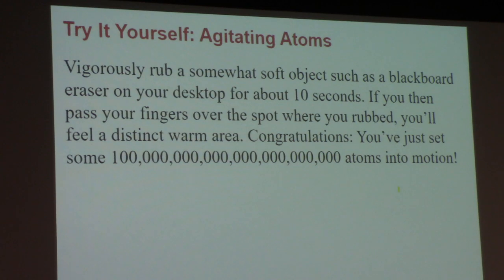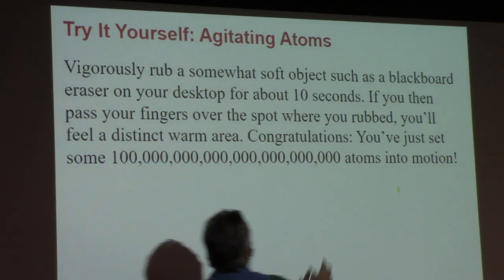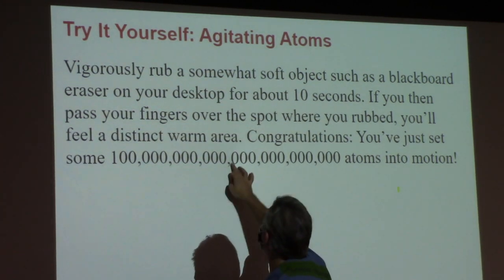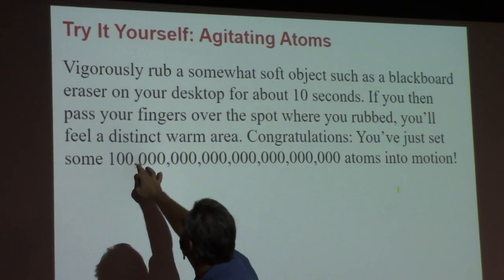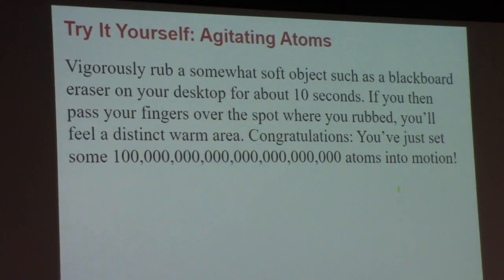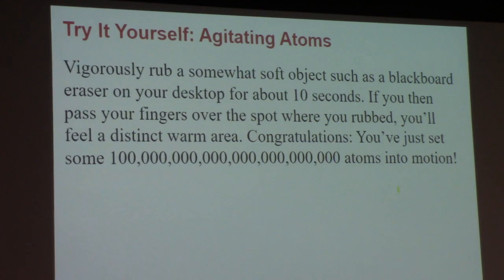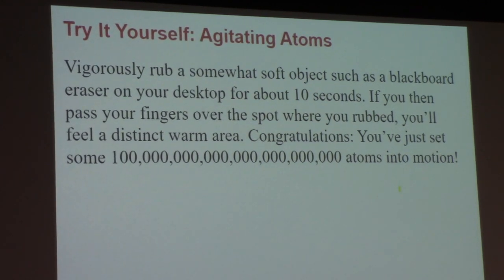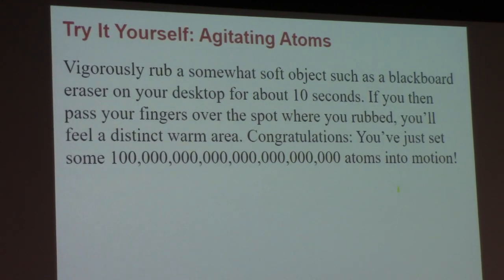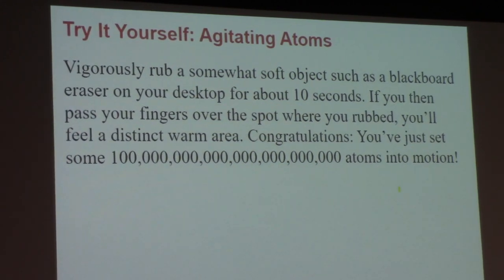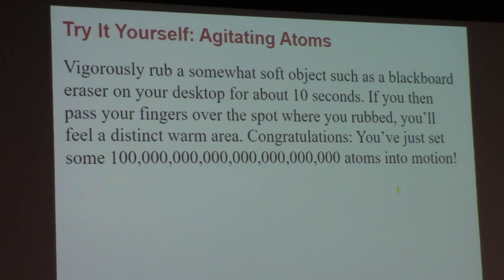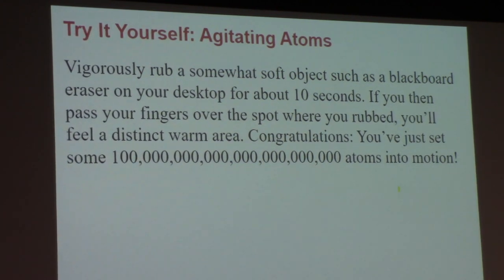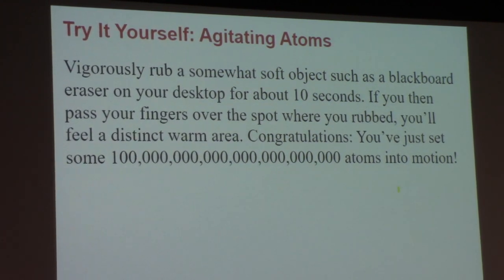You've just set some 21 billion something atoms in motion. You can't see the individual atoms moving, but you can feel the heat. The molecules are moving, hit the air, and you feel the air that's warm.